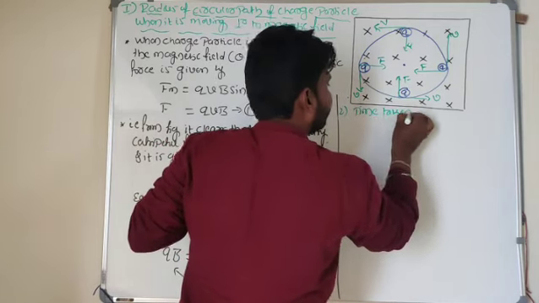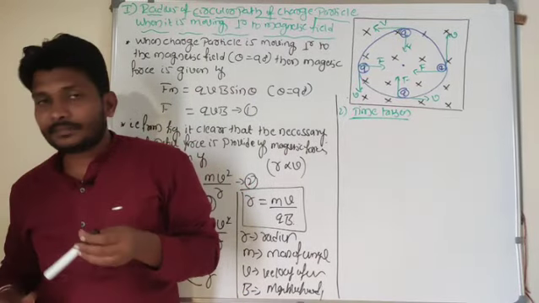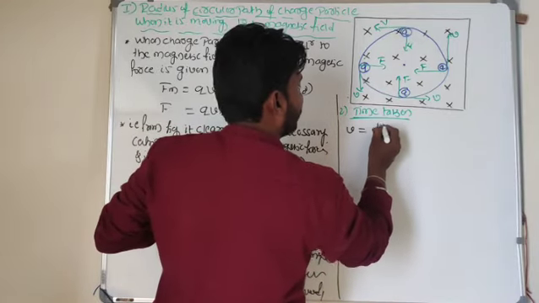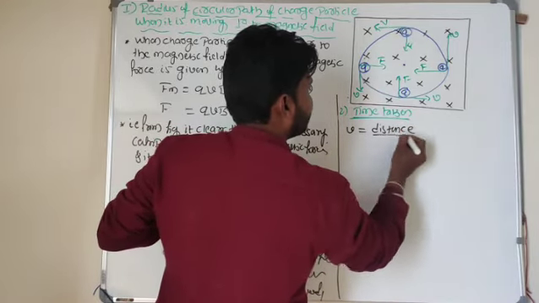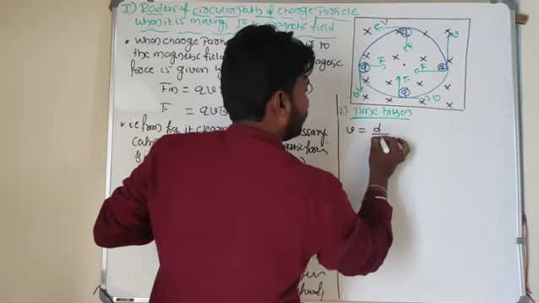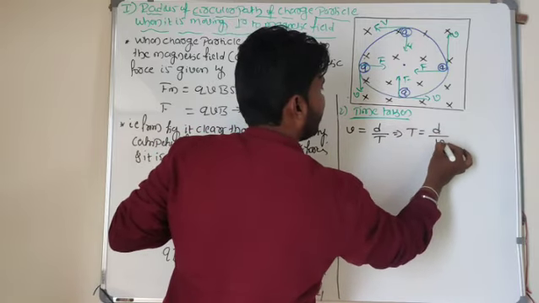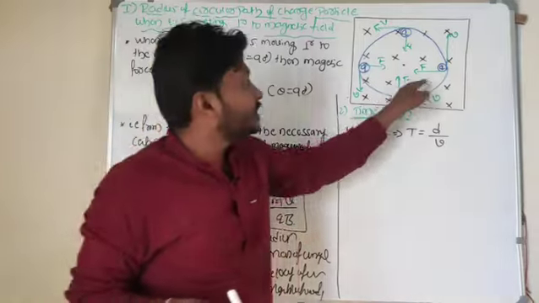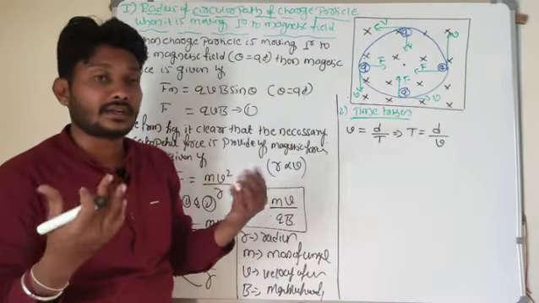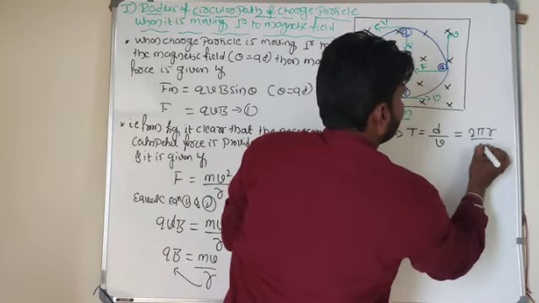Velocity is equal to distance by time, or time is equal to distance by velocity. Here the charge particle is moving along a circular path, so distance means the circumference of the circle, which is 2 pi r by v.